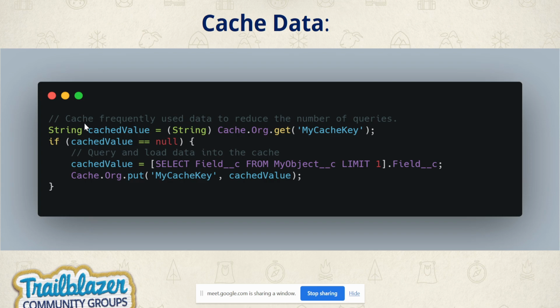So under cache.org.get, this is the get method, and these are already-defined classes with methods. I have my cache key. If you pass this key in this method, it always returns a string, and I can check this string to query and load data into the cache. Based on the return type of this cacheable value, you can create one SQL query, and carry this data into any kind of code.